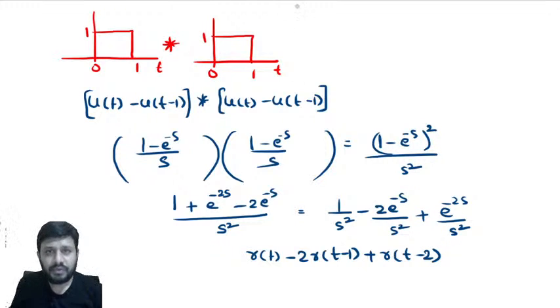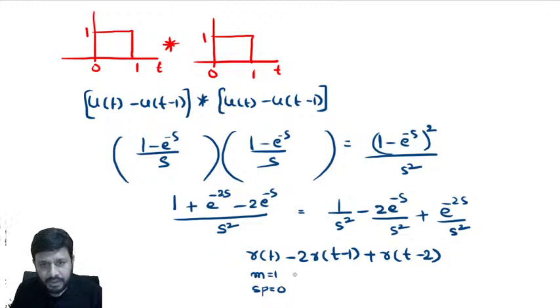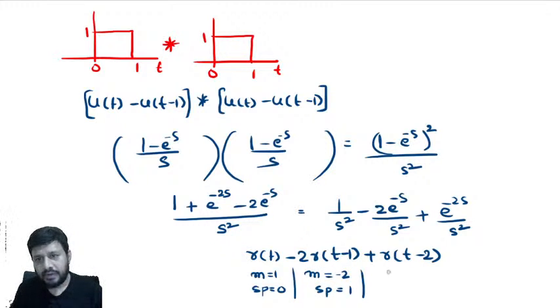Right. Now, we have to draw this signal. We know that in a ramp signal, the coefficient indicates the slope. r(t) means what? Slope is 1, starting point is 0. Minus 2 r(t minus 1), slope is minus 2, starting point is 1. r(t minus 2), slope is 1, starting point is 2.